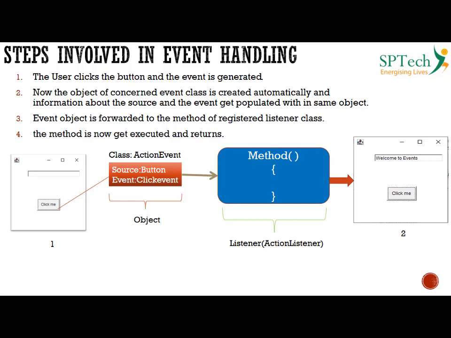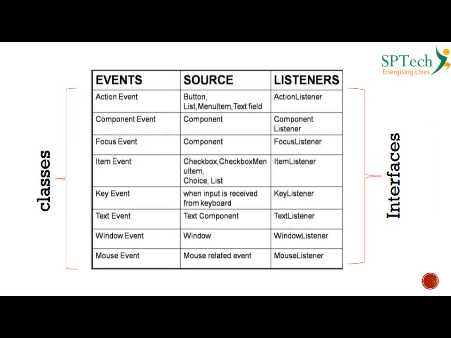That will be thrown to a method, or the method catches that particular object, and that method belongs to an interface which is called a listener. In this case, it is called an ActionListener, and the method which has the logic to process that particular event will be executed, and you get the output as shown on the screen here. So this is how we execute event handling in Java.